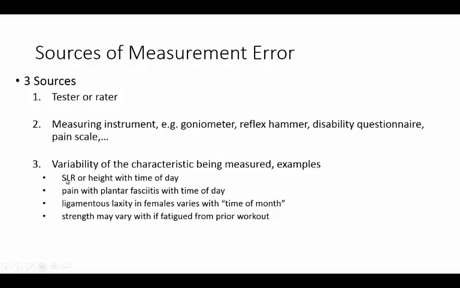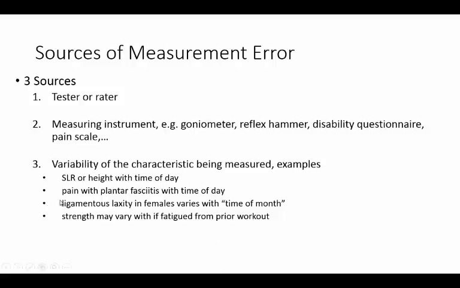So when you wake up in the morning, you try to touch your toes, you're not able to touch your toes, you're still a little stiff. As the day goes on, you have more straight leg raise. As you get warmer and you move more, your straight leg raise is increased. So in this case, if the tester is perfect and the goniometer is perfect, but the variable itself has changed, then that will create an error.